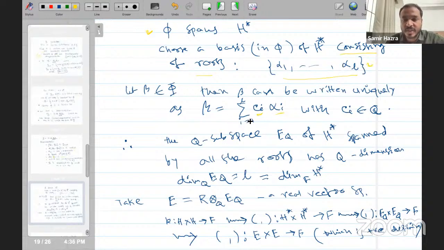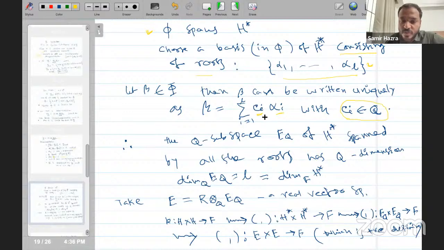So any beta can be written as the sum over i equals 1 to L of Ci alpha i, where Ci are some scalars, but one can actually take the Ci's to be inside the prime subfield. So basically Ci belongs to Q.